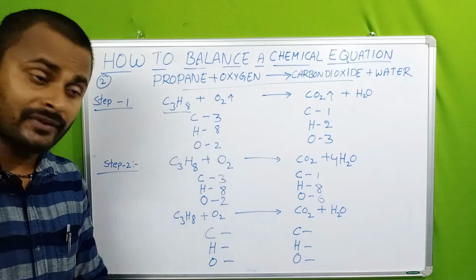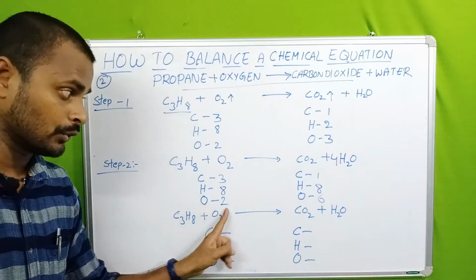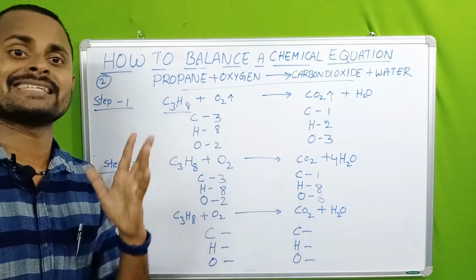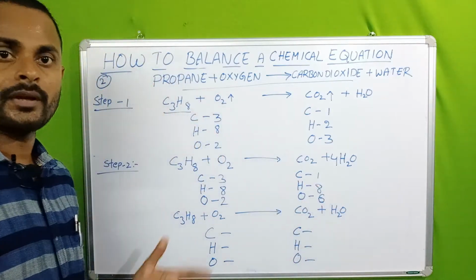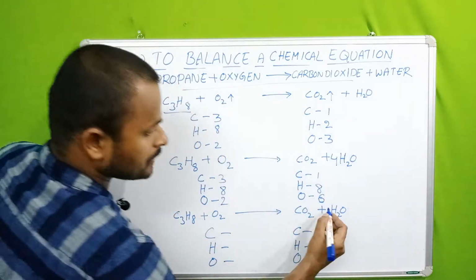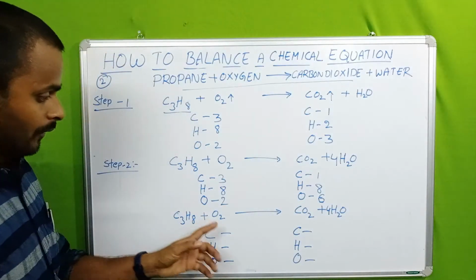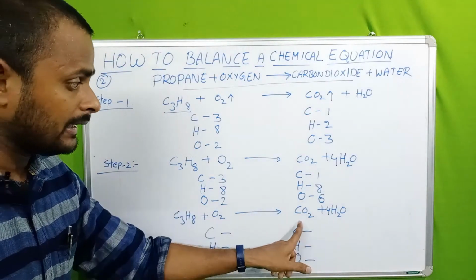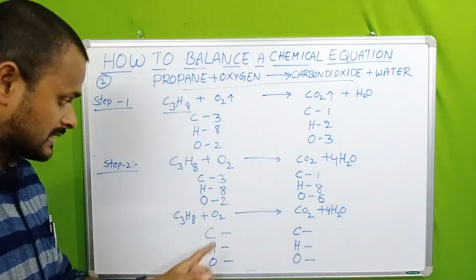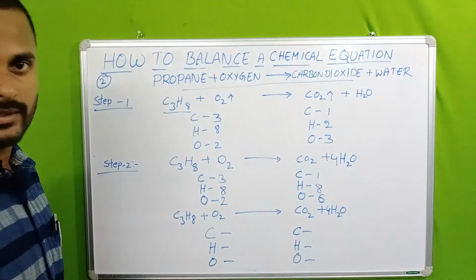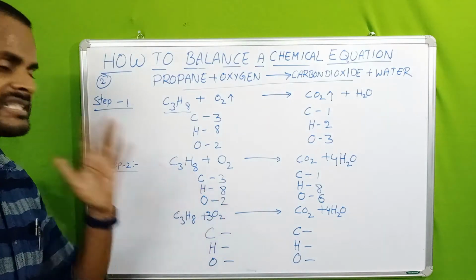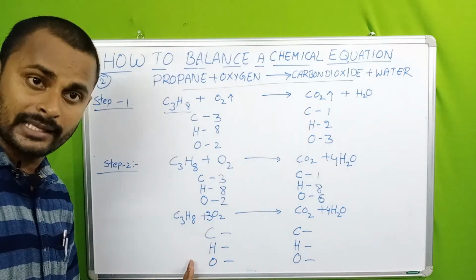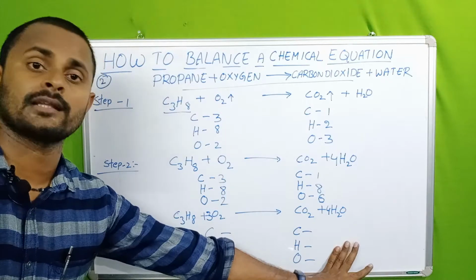Here the maximum difference is between oxygen 2 here and oxygen 6 here. So you want to balance these oxygens. So where is the problem? Here totally 6 oxygens, here only 2 oxygens. So you should put 3 here. Now check how many atoms are on the reactant side and how many on the product side.